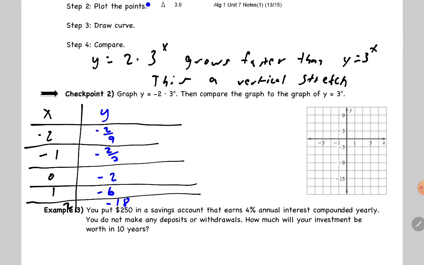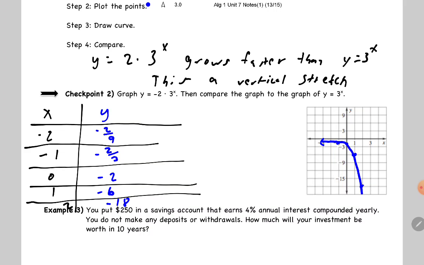Okay, so negative 2/9, negative... oh, come on. Why did they do this? Now they're going by threes. So 0, 2, 1, negative 6, and 2, negative 18.